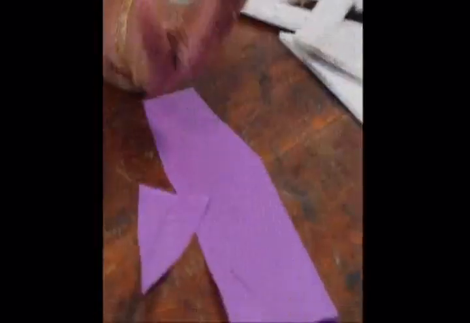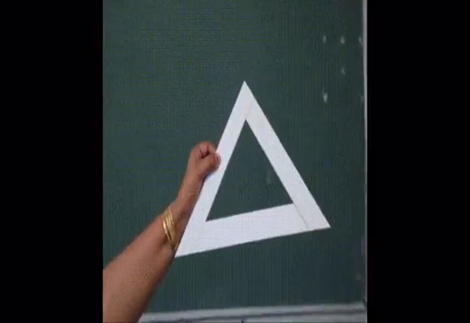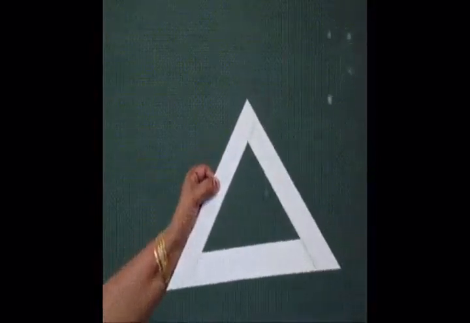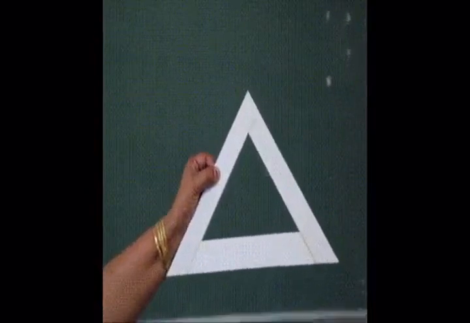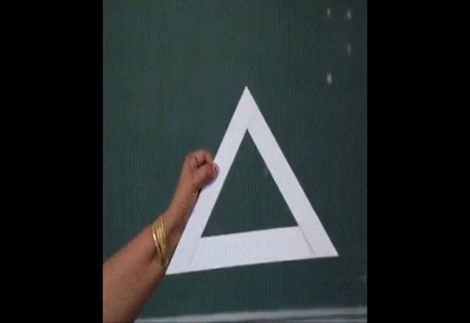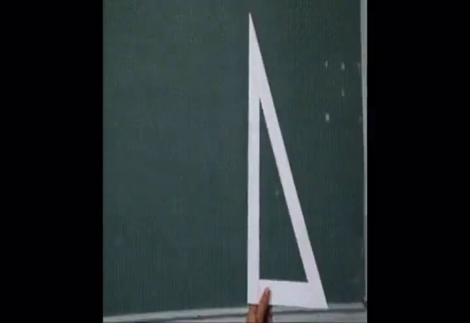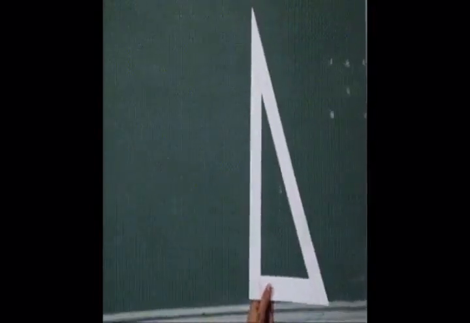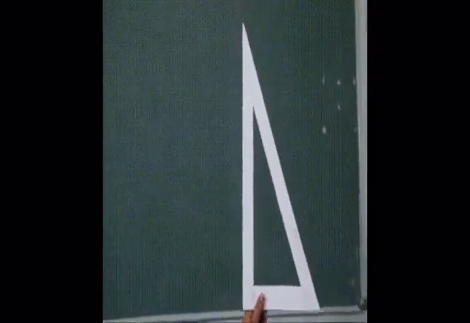After learning three types of angles, that is acute, obtuse, right, other than this, straight angle and reflex angle, we are going to triangles. So we can name the triangle according to sides and according to angle. If three sides are equal, it is an equilateral triangle, and if two sides are equal, it is an isosceles triangle.